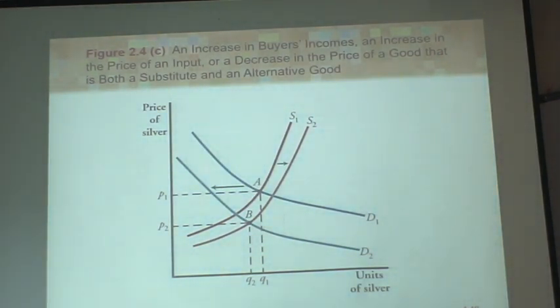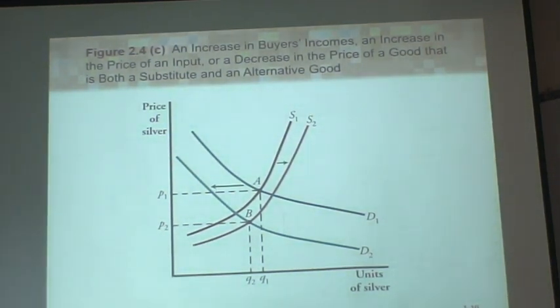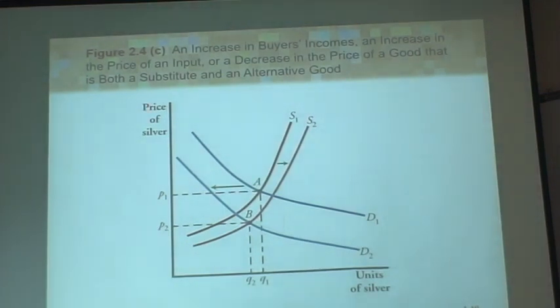If demand decreases, what happens to price and quantity? Demand decreases, so demand shifts to the left. Price goes down and quantity goes down.